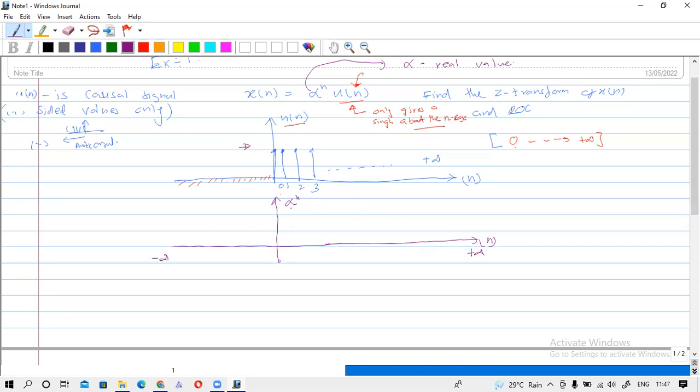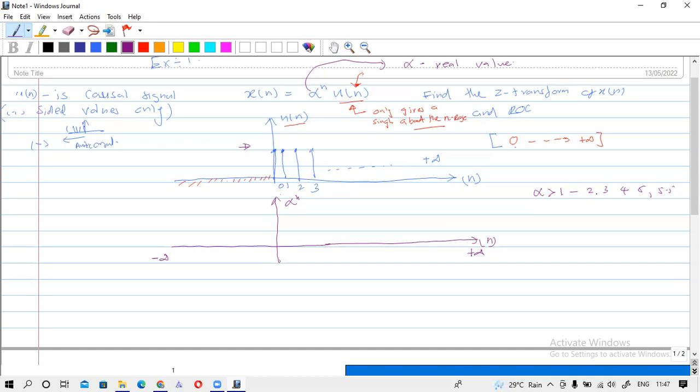So the shape of this function mainly depends on the value of this alpha. I think you can understand this. For example, let's say that alpha is greater than 1. That means alpha can be 2, 3, 4, 5, 6, or a decimal number like 5.5 or anything, but a positive number greater than 1.